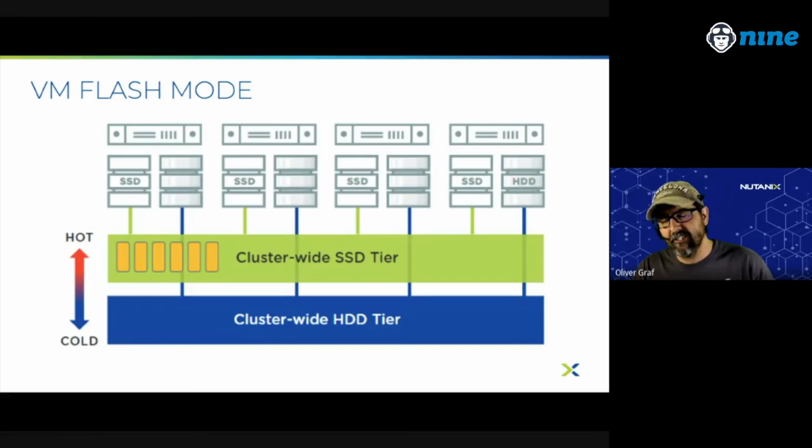For instance, all database transaction logs can be pinned in the flash, so they're always there and never get destaged to the HDD tier. Or, for example, all financial data can be pinned in flash during a quarter-end report. It's not static, so you can choose: I now have reports where I have to do a lot of reads, so I will pin the data in my SSD or flash tier.